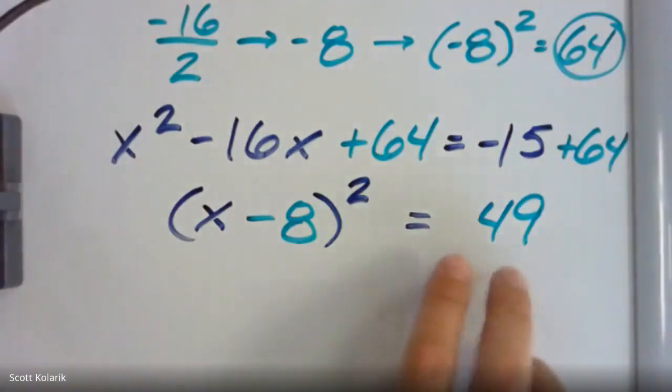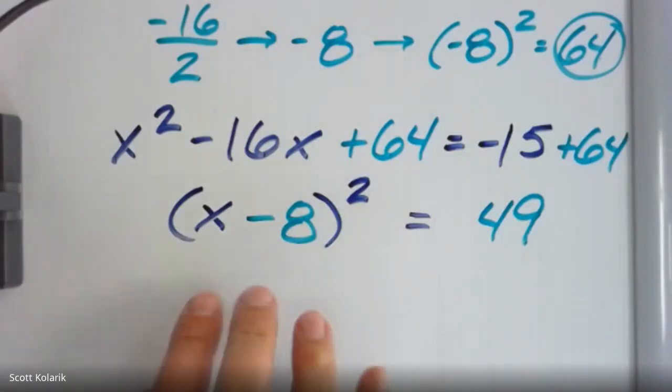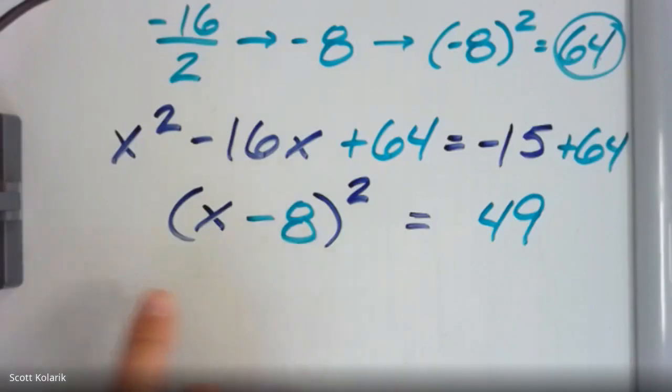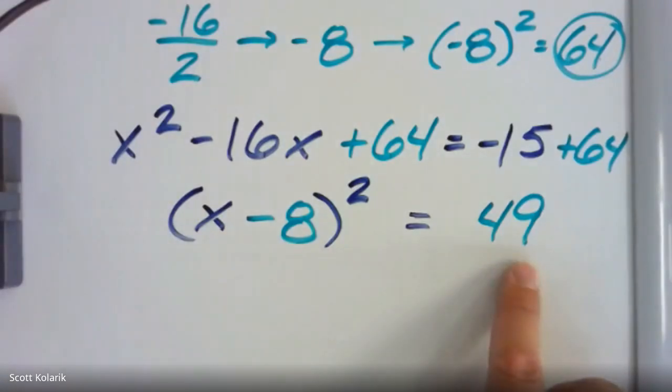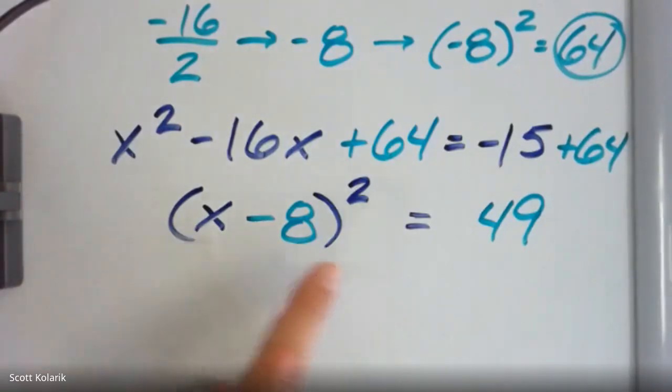But what we have created, and this should look familiar as far as what we've done so far in this unit. Again, thinking back to what my original task is, my job here is to solve for x. I need to get x by itself. And this will look like something that we've done in section 3 now, where we solved using square roots. Because what I can technically do now, if my job is to get this x by itself, I want to move stuff away from it now.